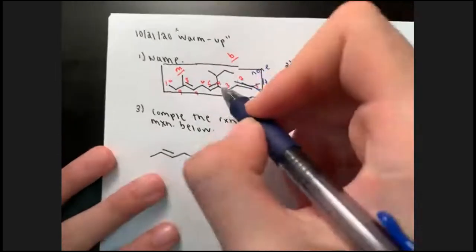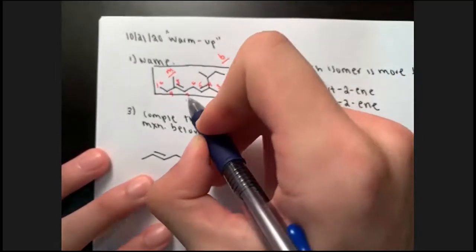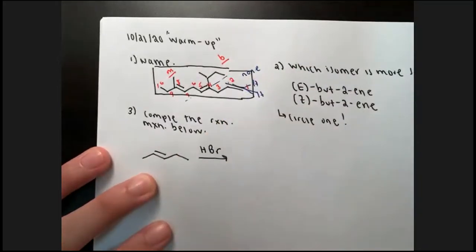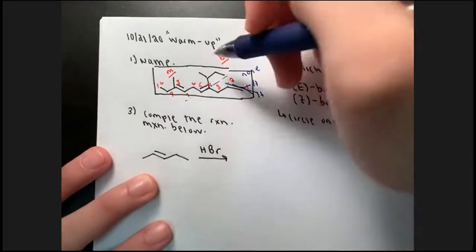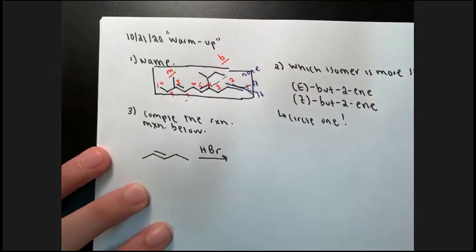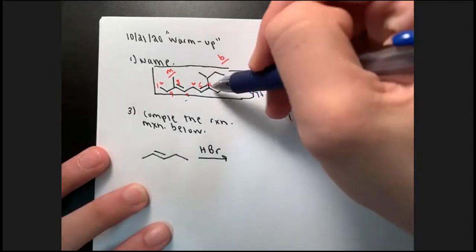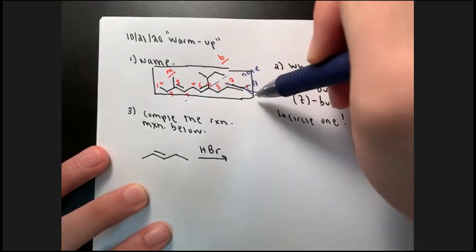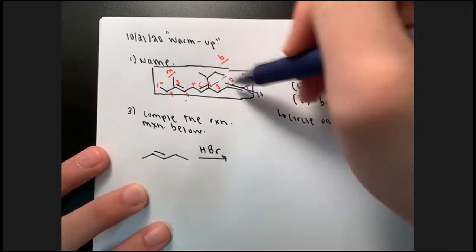Okay, so let's try the alkene between 4 and 5. If I draw a horizontal line through here and number the substituents, I have what looks like the sec-butyl group up top, and then I have the alkene going on down here. So out of the sec-butyl and the alkene group, which one is better?